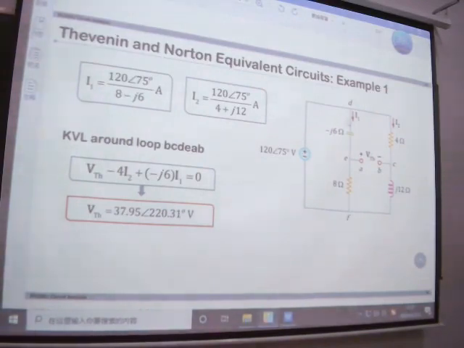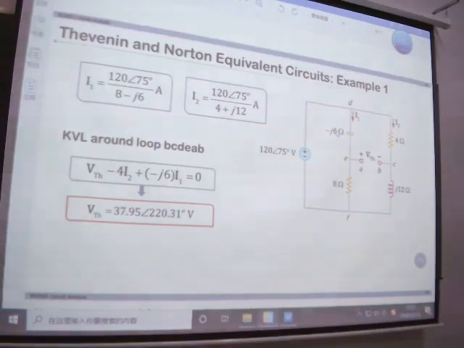What is the value of I1? It's equal to, let me have a look. What do they use? It's very easy. Is it voltage divider or current divider?